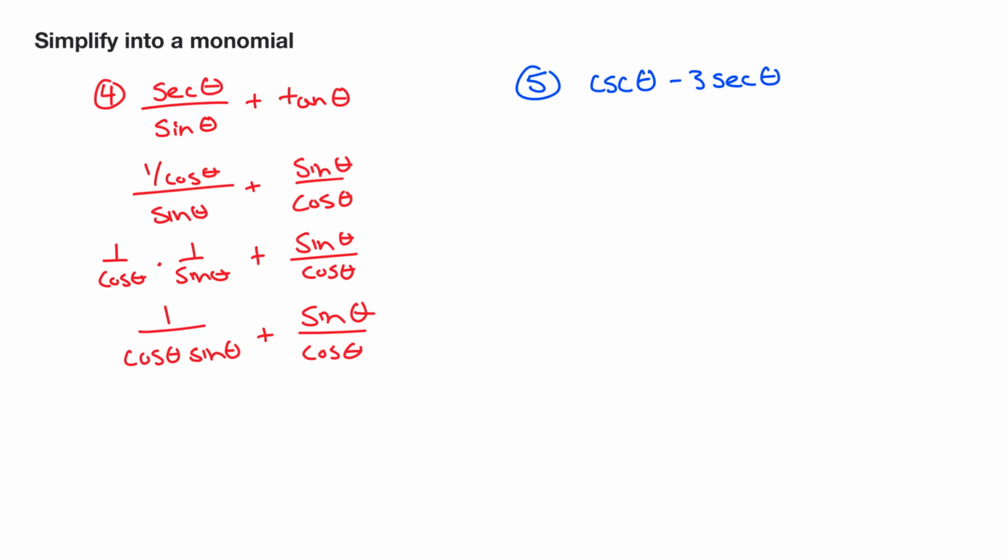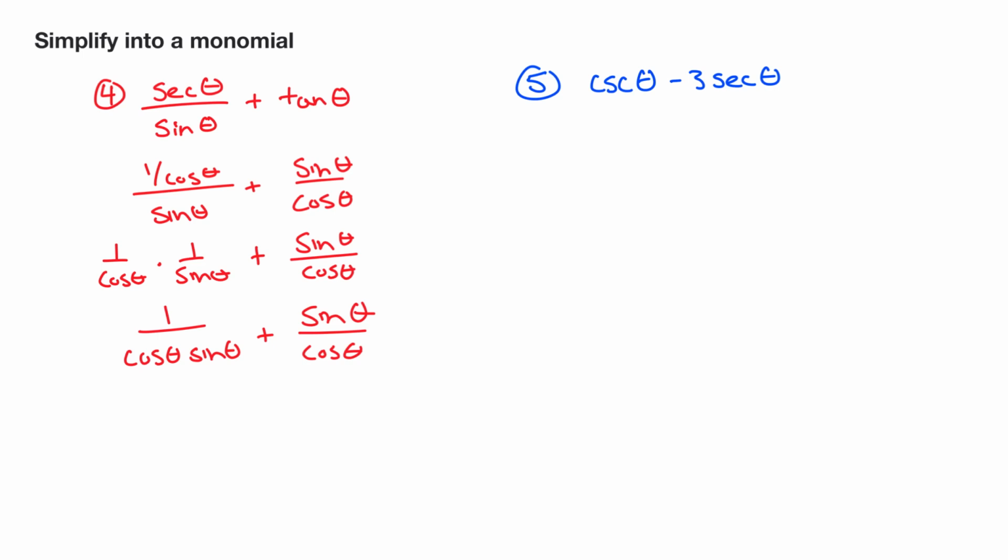Now I've got a fraction plus a fraction where everything's in terms of sines and cosines. I can combine these together using the same process we did when we had two fractions with numbers in the denominators. We got to get a common denominator. The first fraction has a denominator with a cosine and a sine. The second fraction has cosine. It is missing the sine.